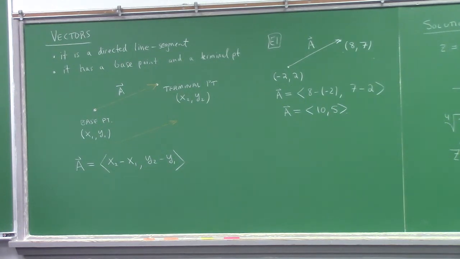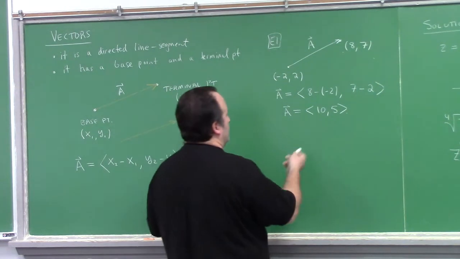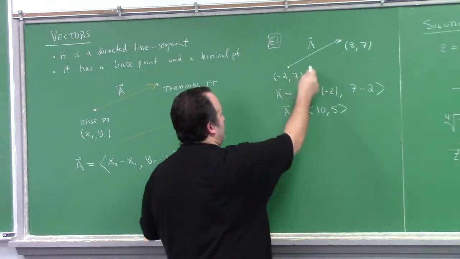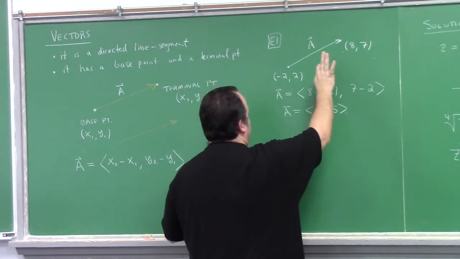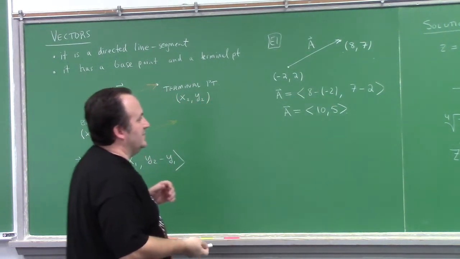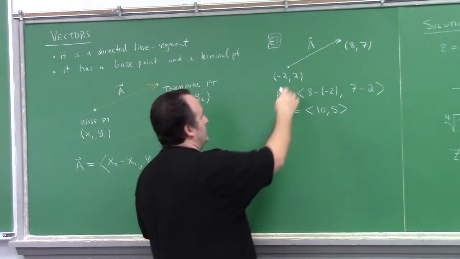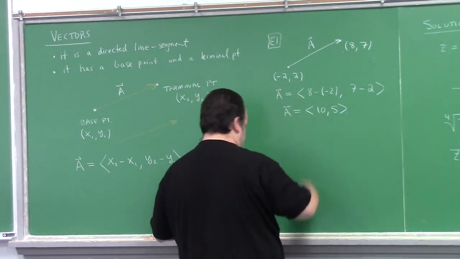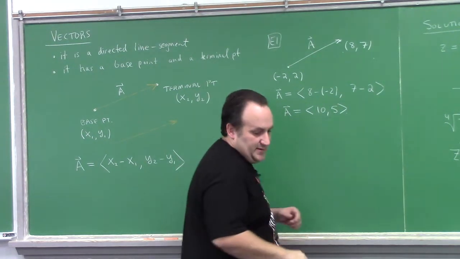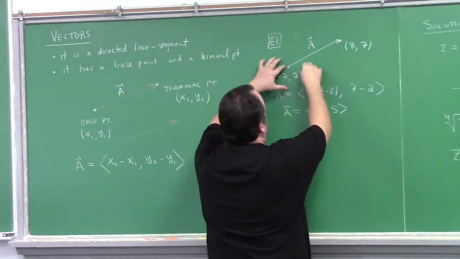So notice that any vector, no matter what its base point is, you can imagine. So there's (-2, 2). If I was to clutter my picture and draw the xy coordinate system, where would it be? It's down a little bit and it's over. It's 2 over, 2 down.